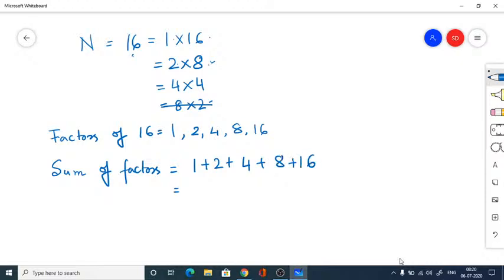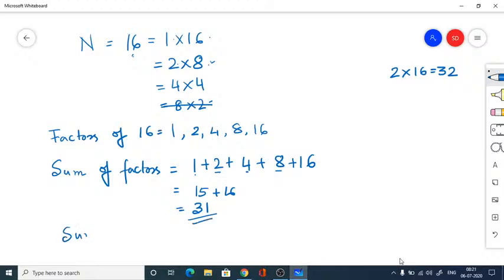So how much are we getting? 8 plus 2, 10, 10 and 4, 14, 14 and 1, 15. 15 plus 16 is equal to 31. Now see, this is not equal to twice the number. Twice the number 16 is 32. So the sum of factors is not 32. It is equal to 31.